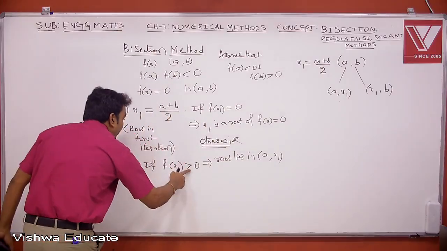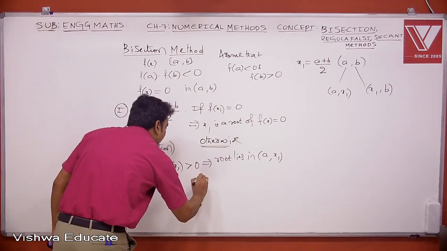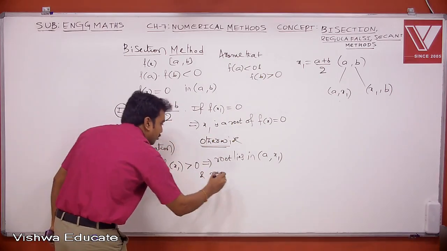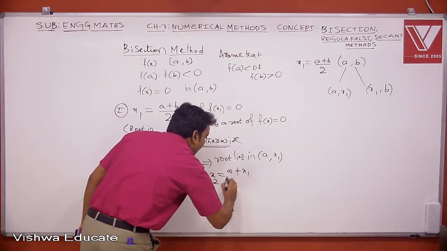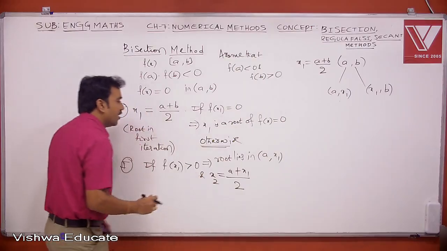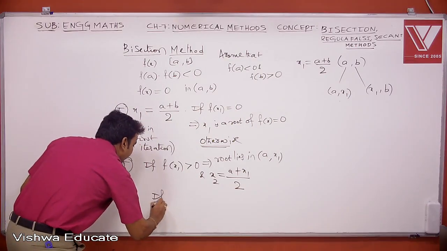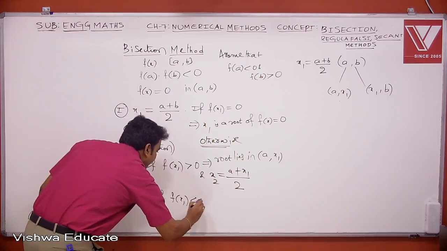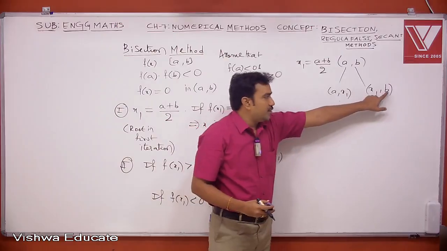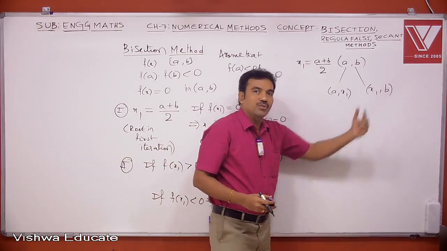So whenever f of x1 is greater than 0, the root lies in the open interval a comma x1, and the value of the root in the second iteration, denoted by x2, is given by a plus x1 divided by 2. If f of x1 is less than 0, since f of b is greater than 0, then the root belongs to this interval.